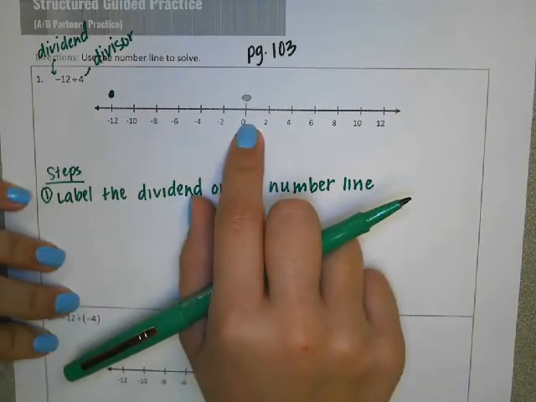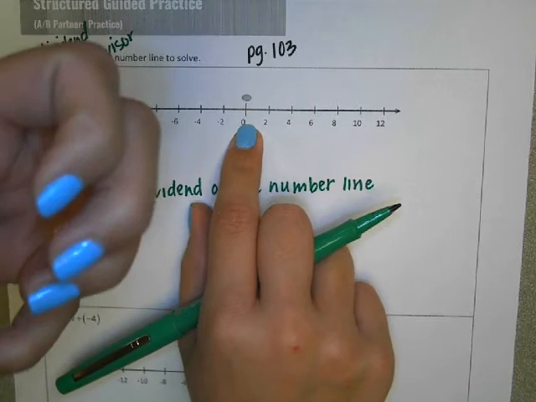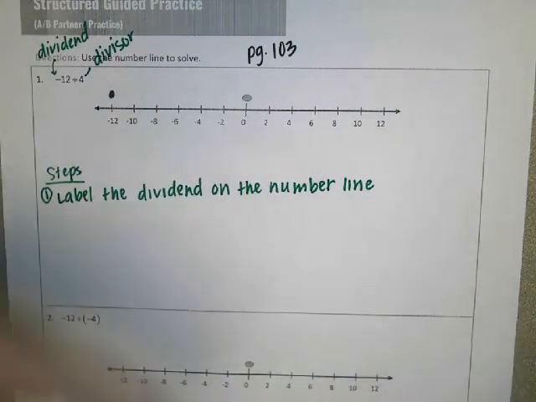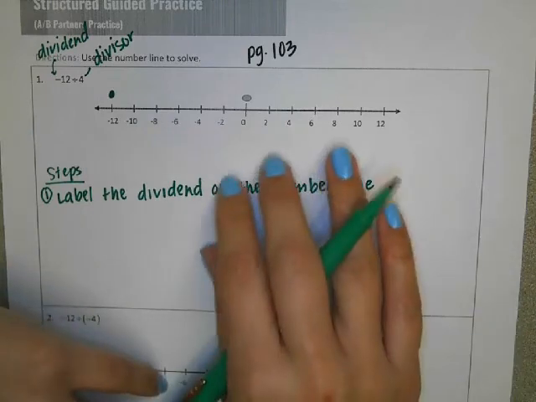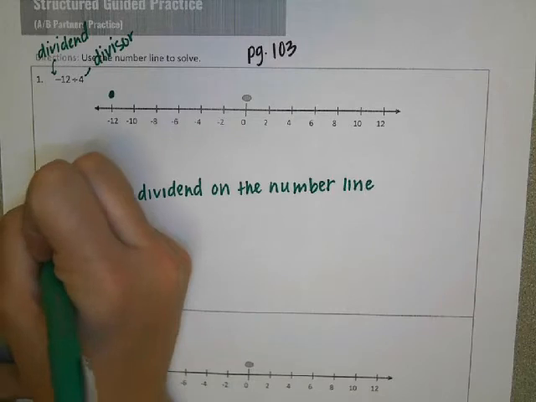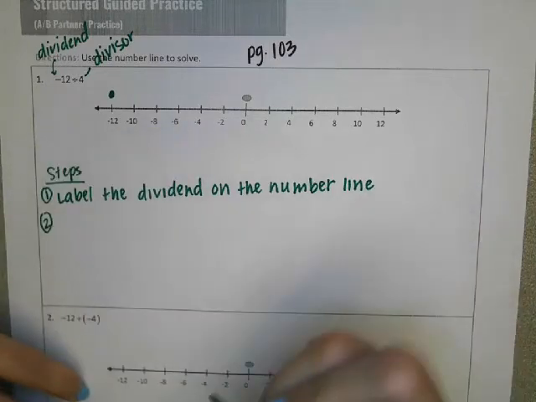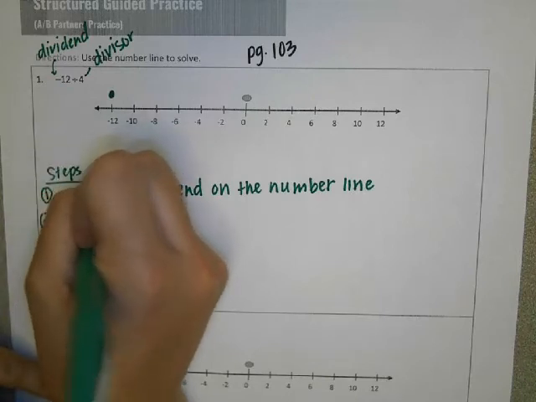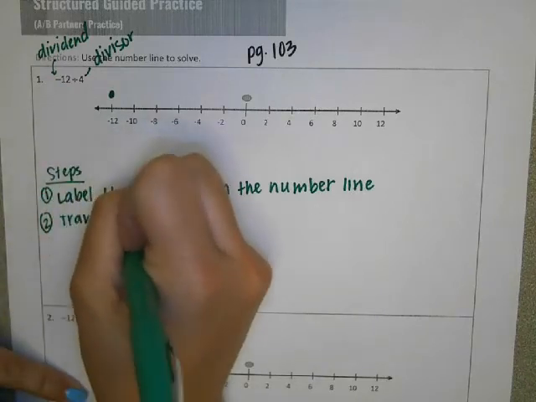And 0 is important because if you think about division, we want equal groups. So at the end, I want to have 0 left over, or a remainder of 0. So that's why 0 is labeled. So then my step 2 is we're always traveling towards 0. So travel towards 0.